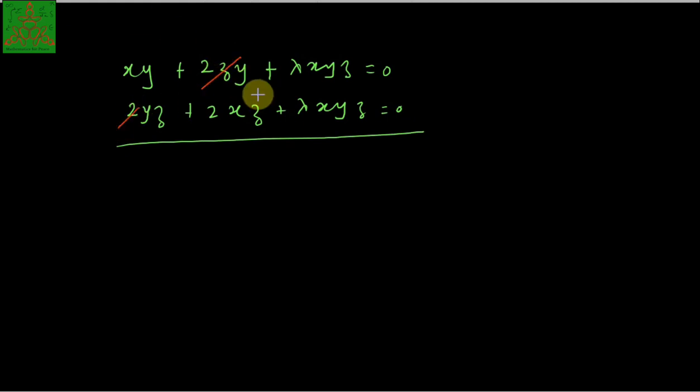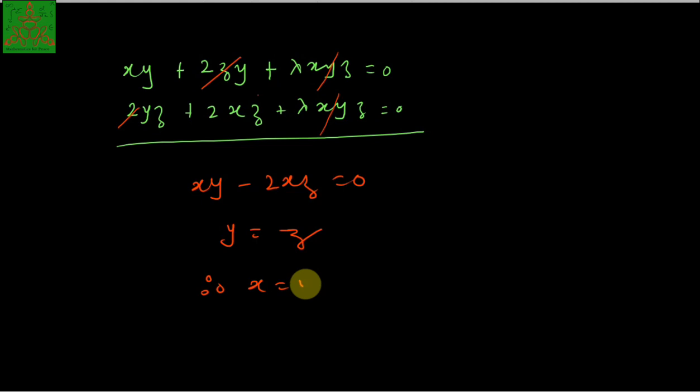Lambda xyz cancels out, so finally we have xy minus 2xz equal to 0. x is non-zero, so y is equal to 2z. So finally x is equal to y, and that is equal to 2z.